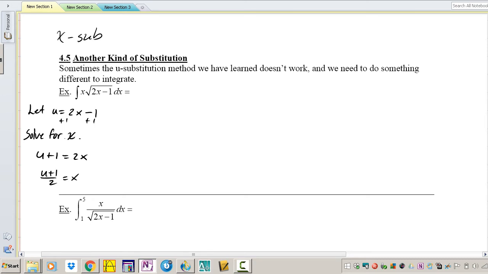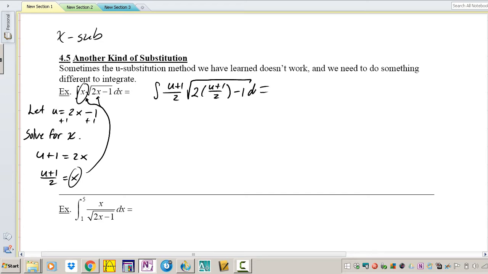So I'm going to do an x substitution now. For every x, I'm going to replace it with (u plus 1) over 2. Watch carefully. This x becomes (u plus 1) over 2, times the square root of 2 times (u plus 1) over 2 minus 1, du.